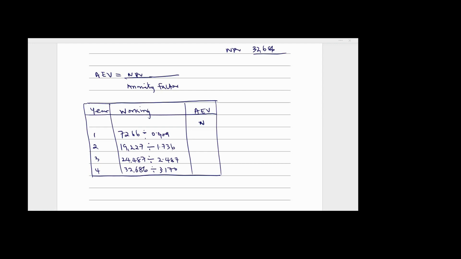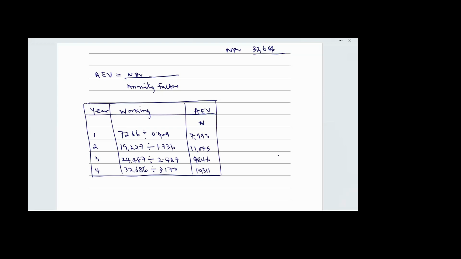For year 1, 7,993. For year 3, 9,846. For year 4, 11,075.